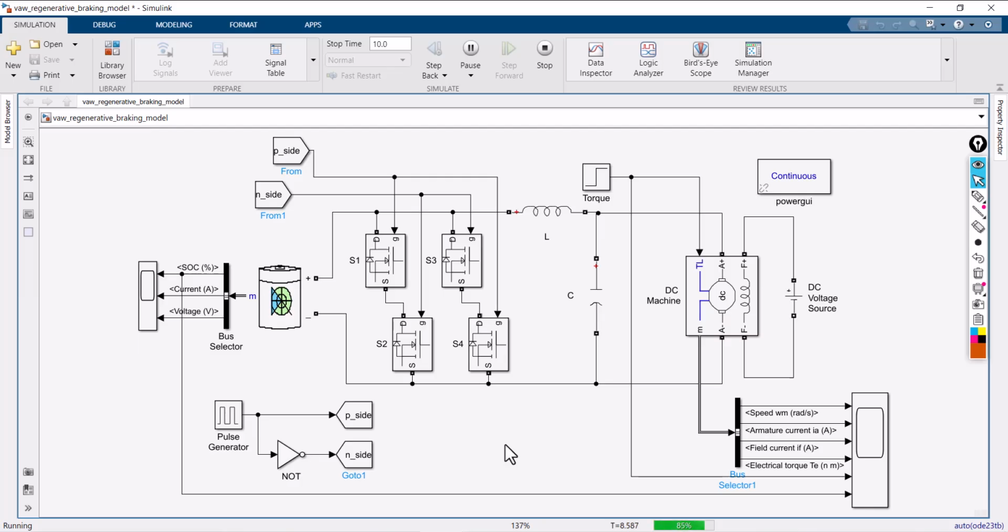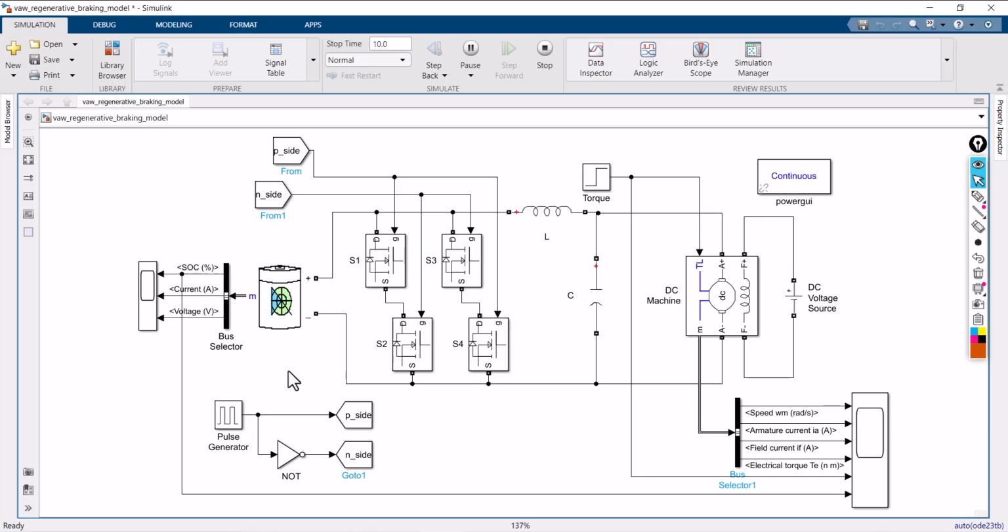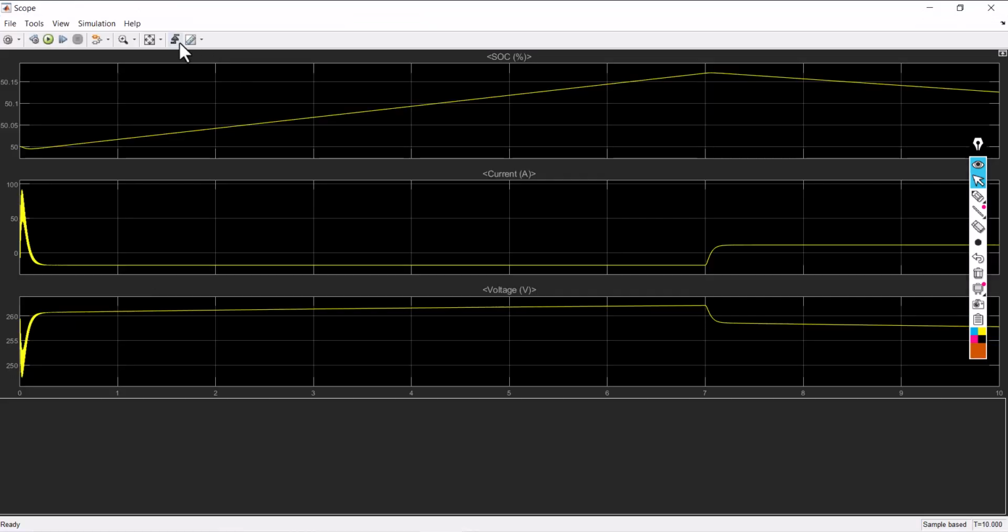Okay, yeah, it's done now. If you look at the battery's SOC, initially the battery was getting charged.